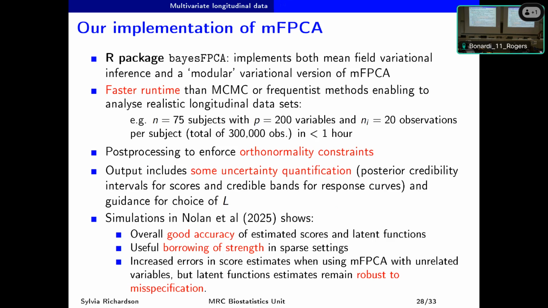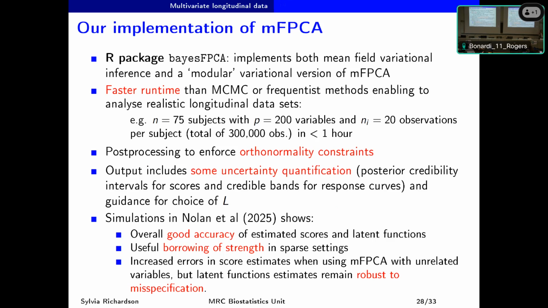We did quite a lot of simulation to show that it has good accuracy and that you get some uncertainty quantification. Of course, it's variational based, so you don't have the full uncertainty, but you get some uncertainty quantification.